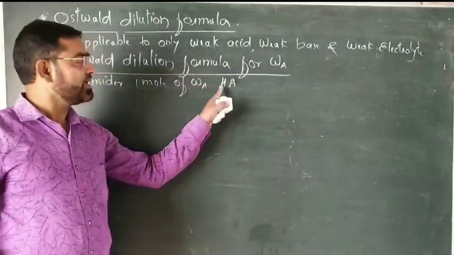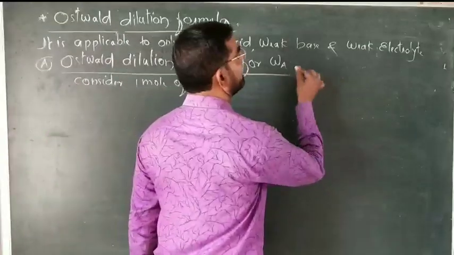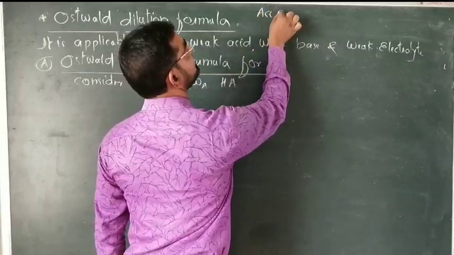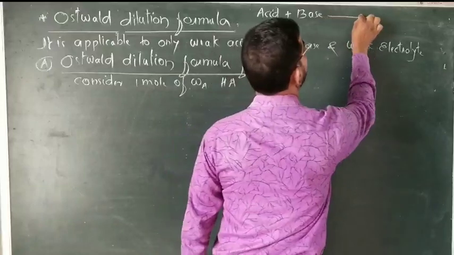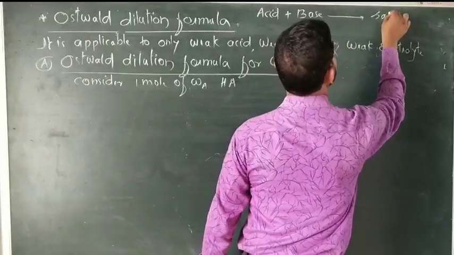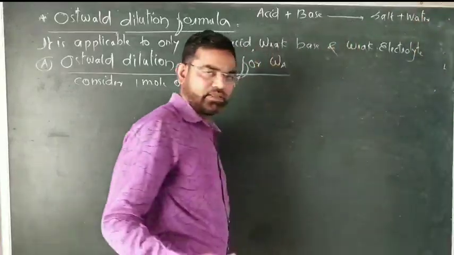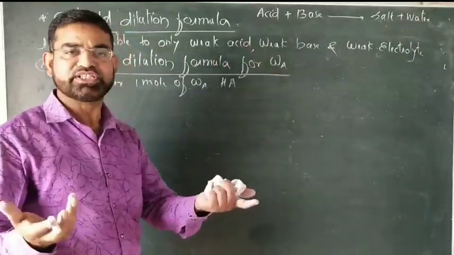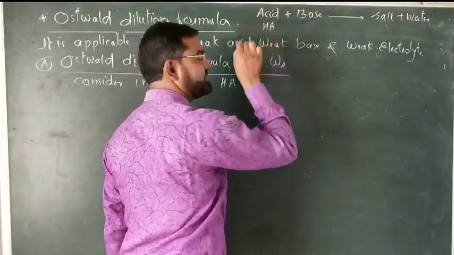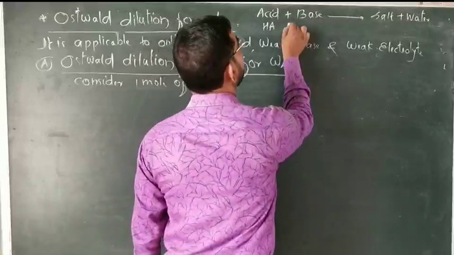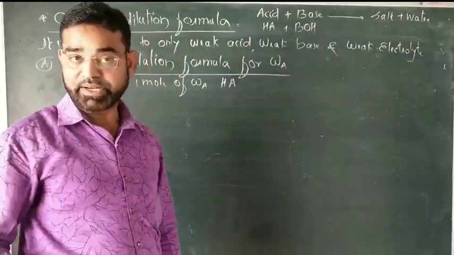Some students may find this symbol new, so see it. If you say acid combined with base, they form salt plus water. Number of students know about this. It is known as neutralization. If we assign acid by HA, BOH for base, what happened?